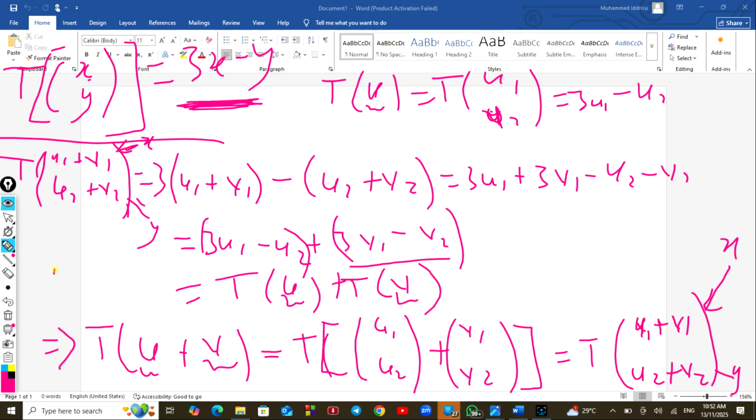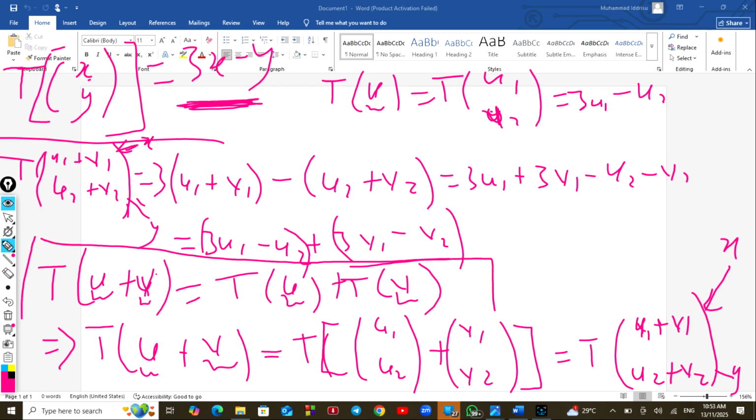We have shown that the transformation of the vector u plus the vector v is the same as the transformation of u plus the transformation of v. So our first condition is met.